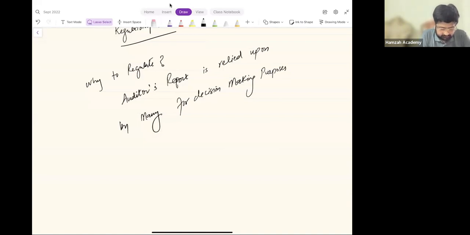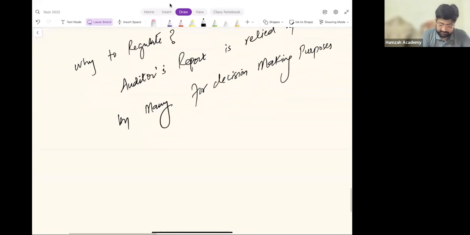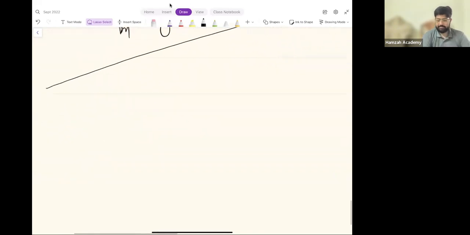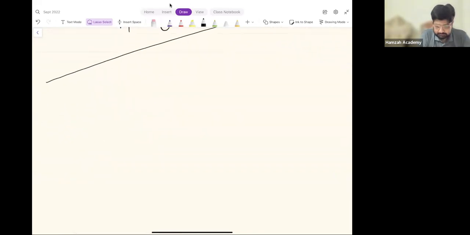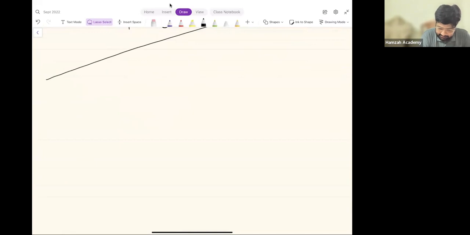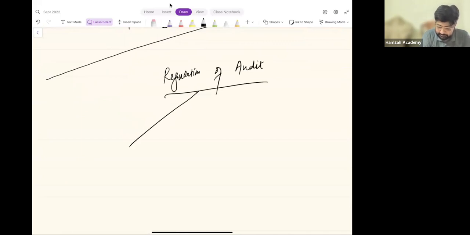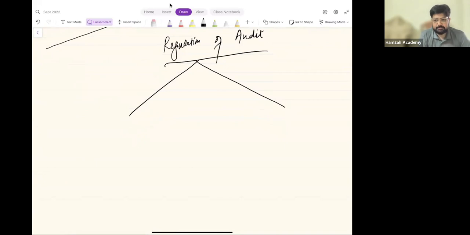Now, the next point, students: how the regulation is done. The regulation of audit is done from two sources.